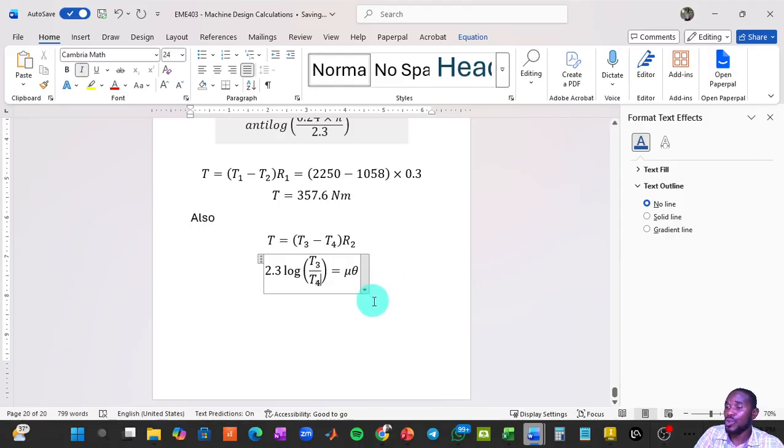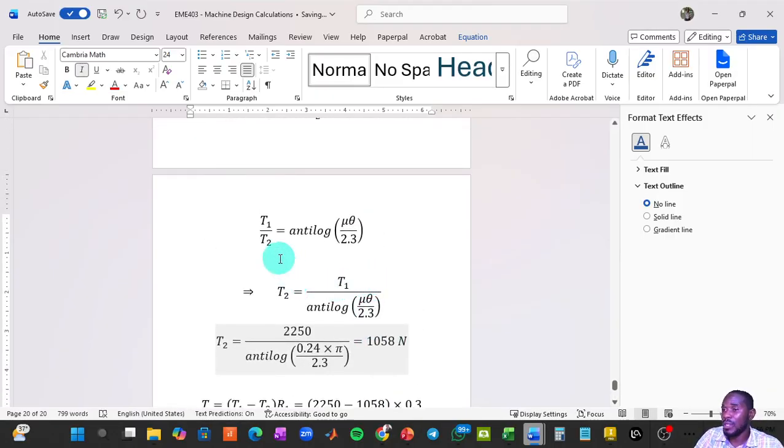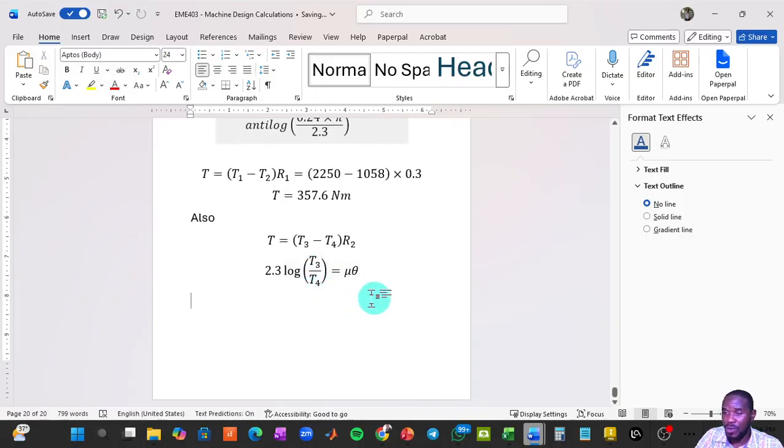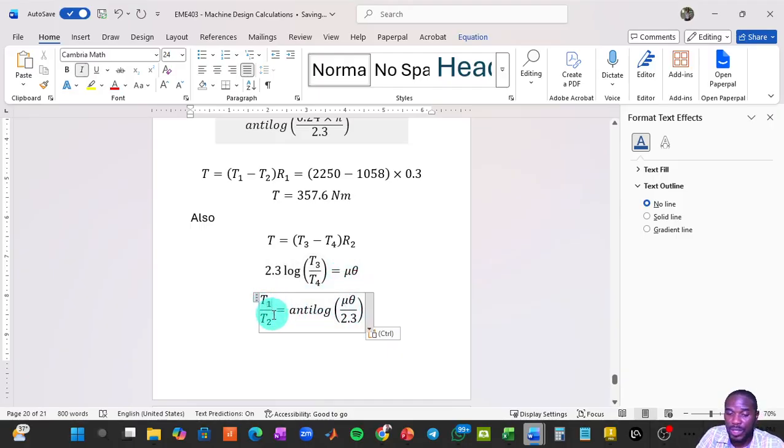Okay, and so the expression we had here, we also have that same calculation as we had before. Remember that everything on the right hand side is the same as was before. The only difference is this time around, that's the ratio of the tight side of the second pulley, which is T3, divided by the tension in the slack side, T4.